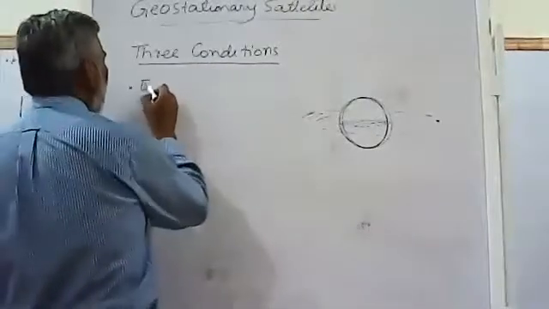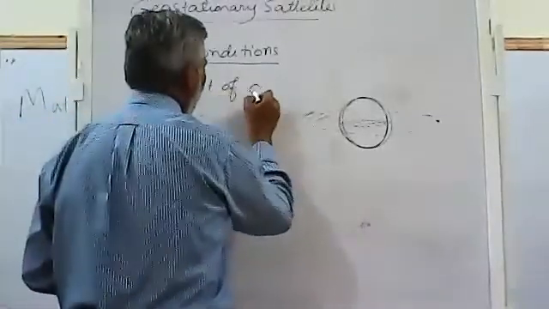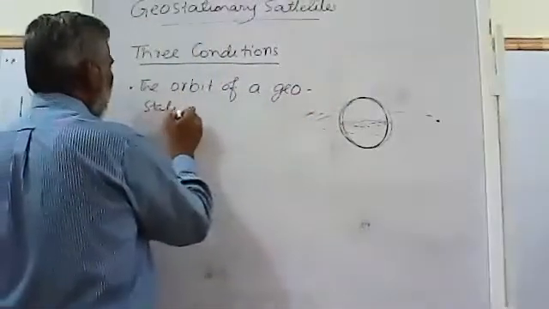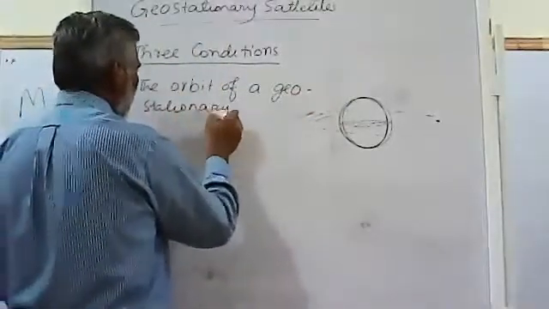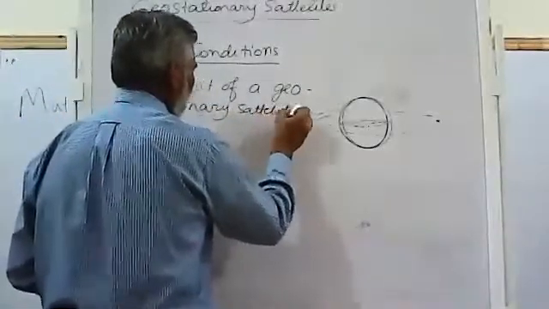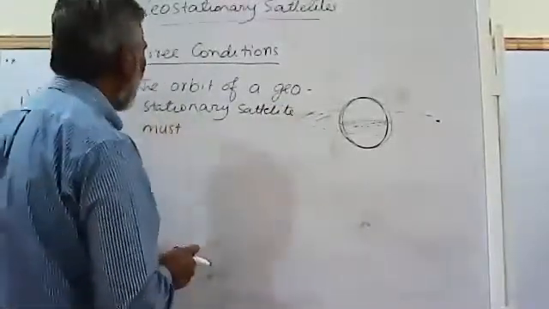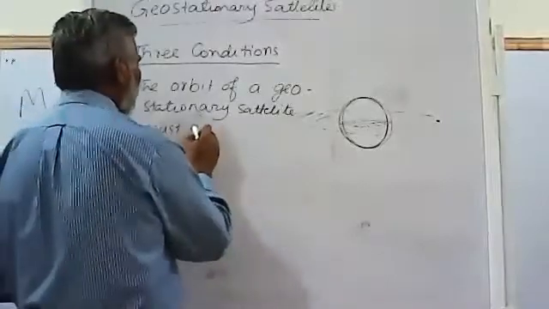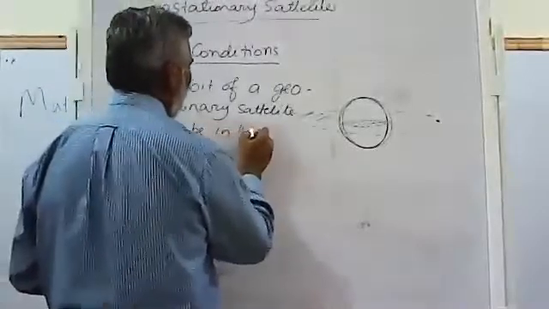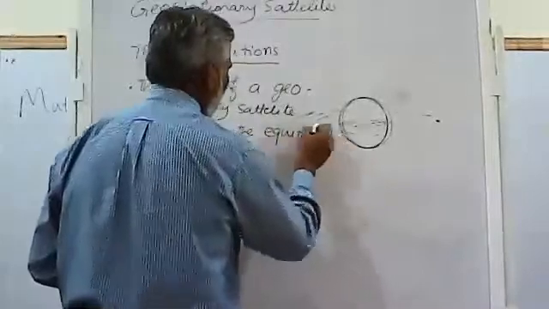The orbit of a geostationary satellite must be in the equatorial plane.